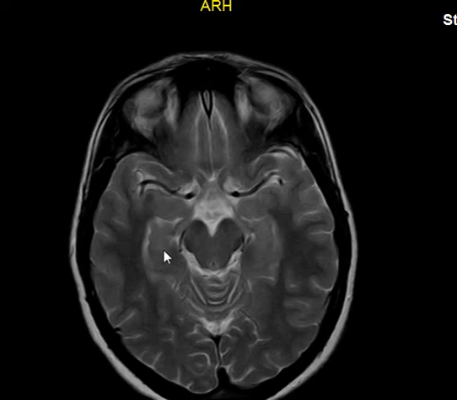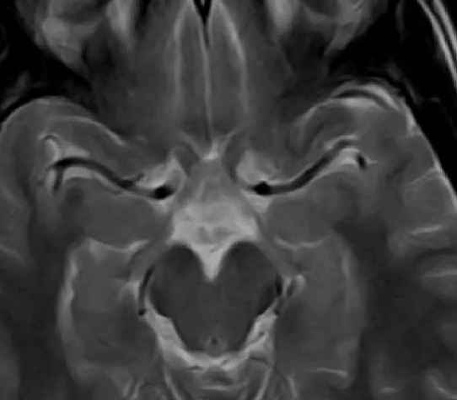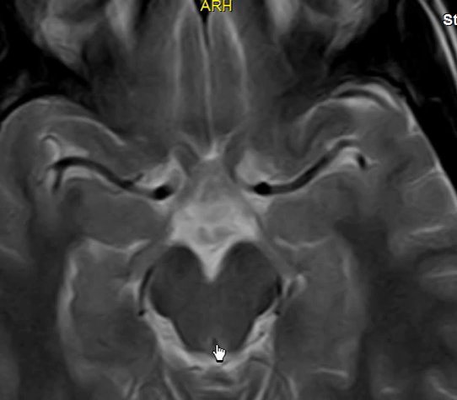No, the periaqueductal gray matter is around the aqueduct. This is the aqueduct, and it's around it. Same signal intensity as gray matter, yes, exactly. Let's zoom in. You can see here some slightly increased signal intensity. This is the periaqueductal gray matter.